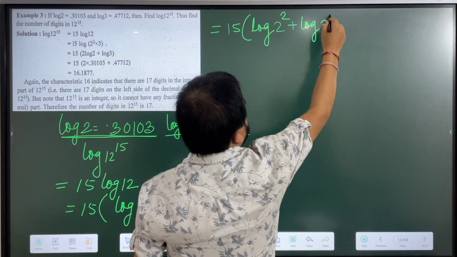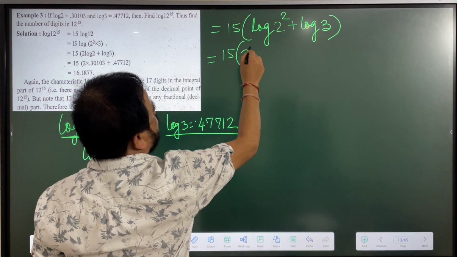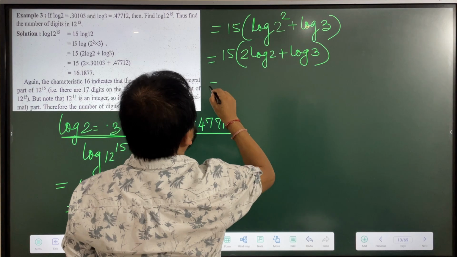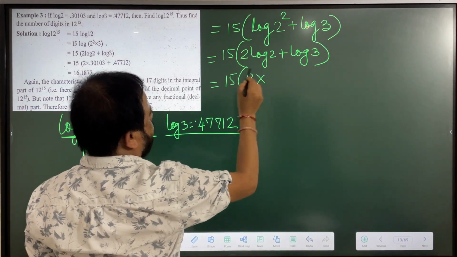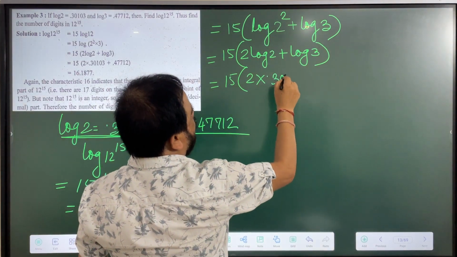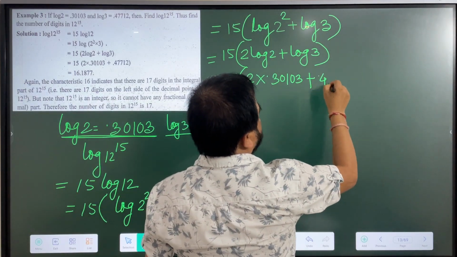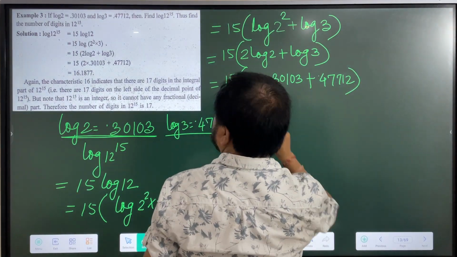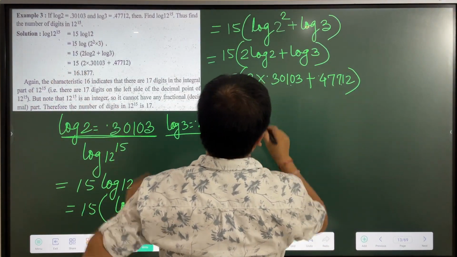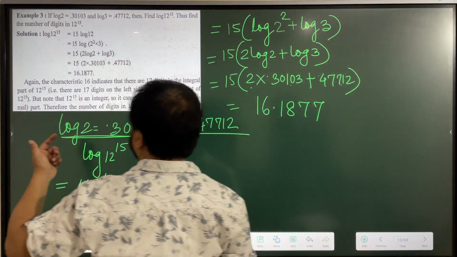So 15, 2 log 2, power comes back, 2 log 2 plus log 3. Now 15, 2 into log 2, value is given, 0.30103 plus log 3, value is given, 0.47712. So calculation is done. This one into multiplied and you will add this one with multiply 15. This is got 16.1877. So this way calculation, very simple calculation.